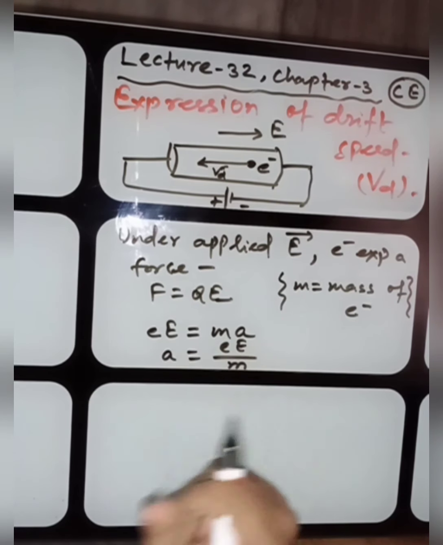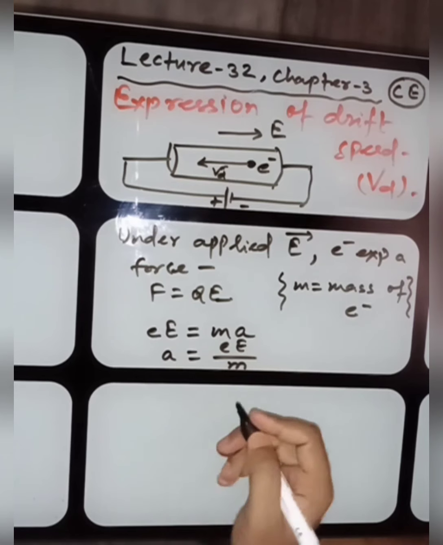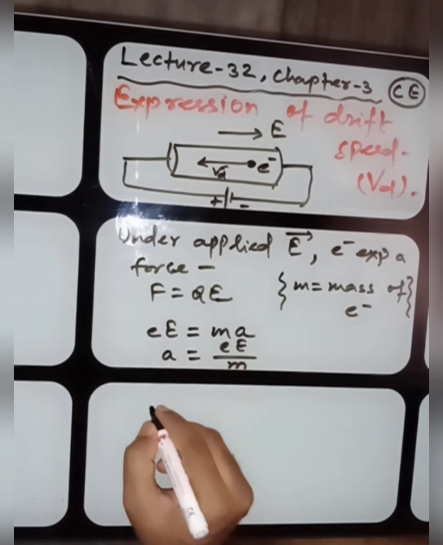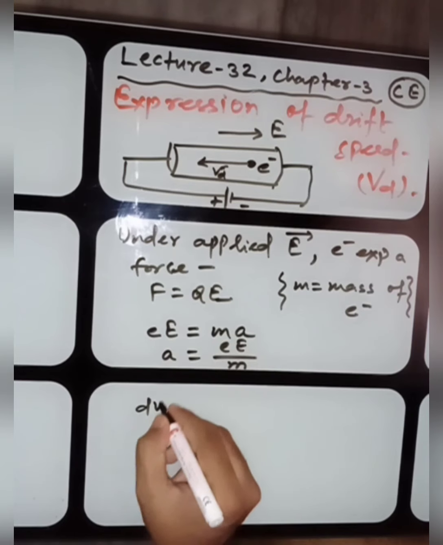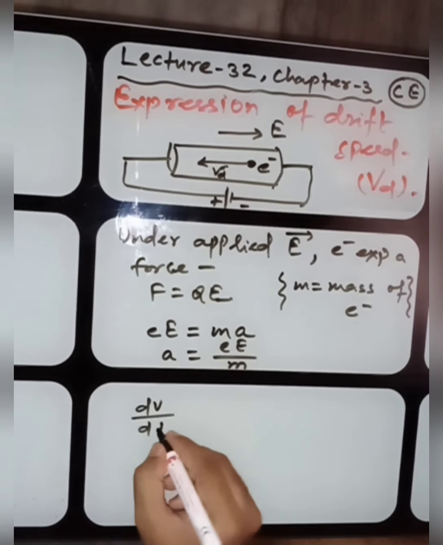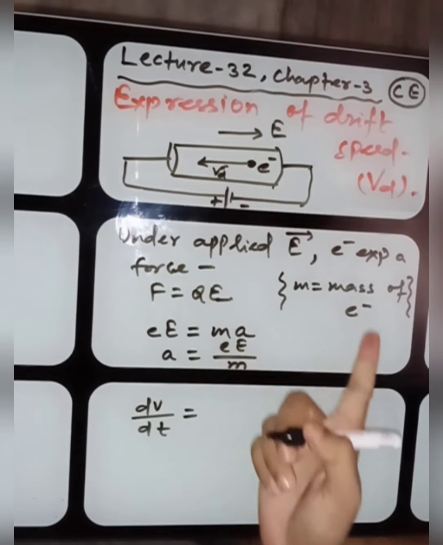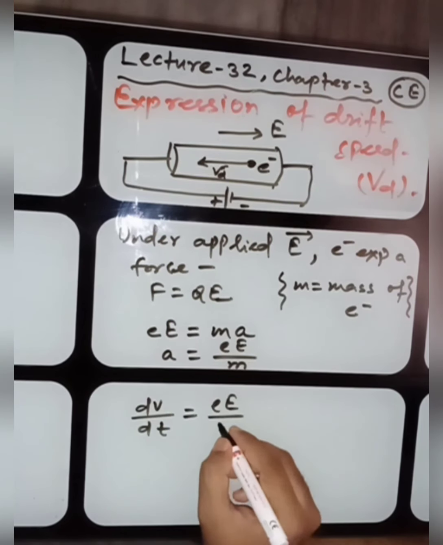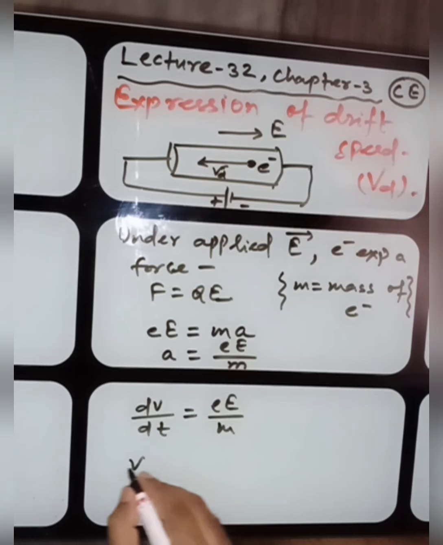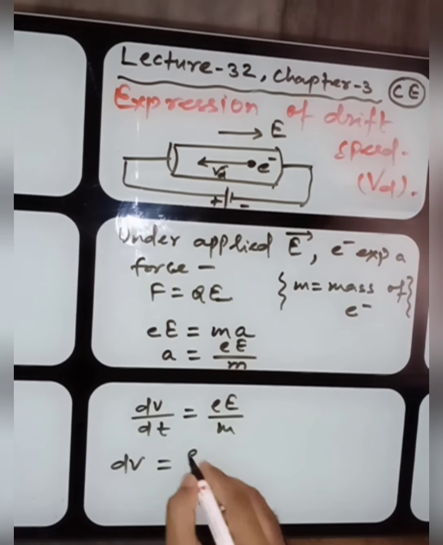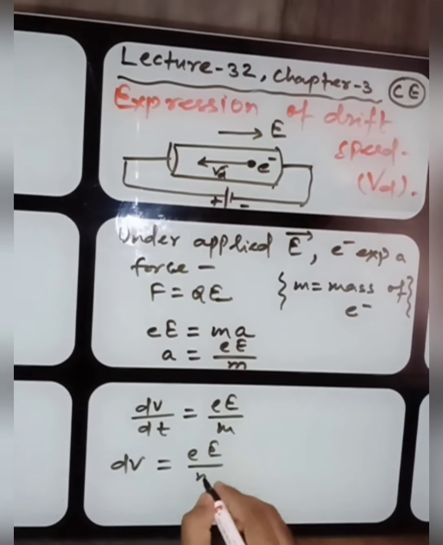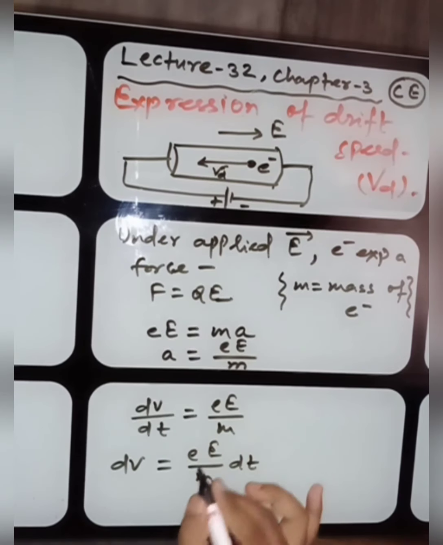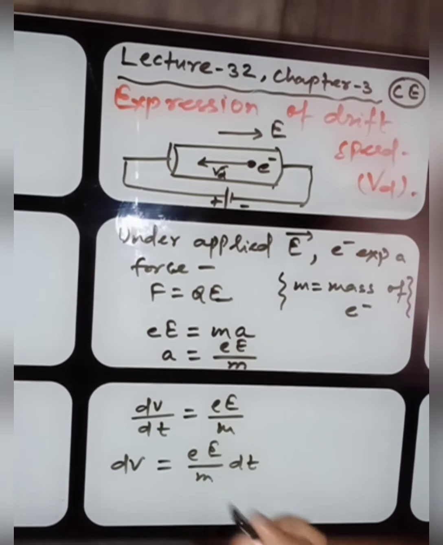This is the acceleration, which can be written as dv over dt, the rate of change of velocity. Here the velocity is changing, as we discussed, and it is QE by m. We can also write dv equals QE over m times dt. The simplest way of derivation. Remember, my dear students, I am deriving here.